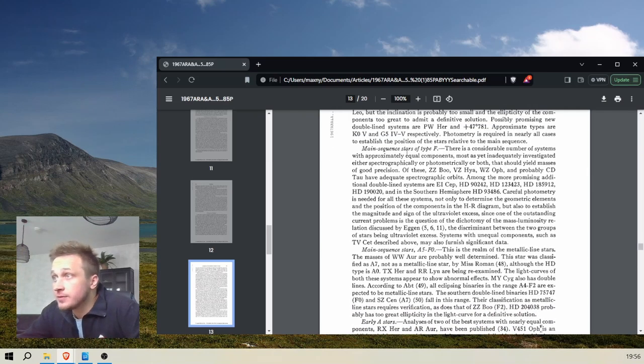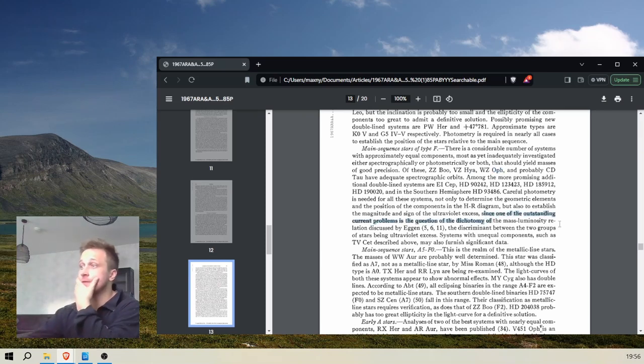There's considerable photometric material. It's the question of the dichotomy of the mass, but also to establish the magnitude and sign of the ultraviolet excess, since one of the outstanding current problems is the question of the dichotomy of the mass-luminosity relation discussed by again. Okay, that sounds interesting.